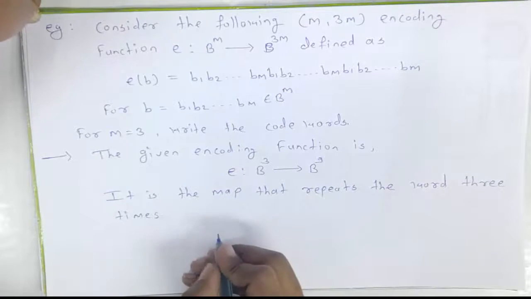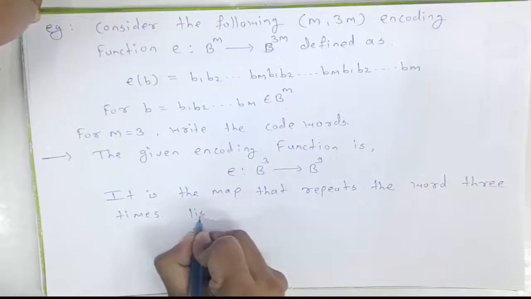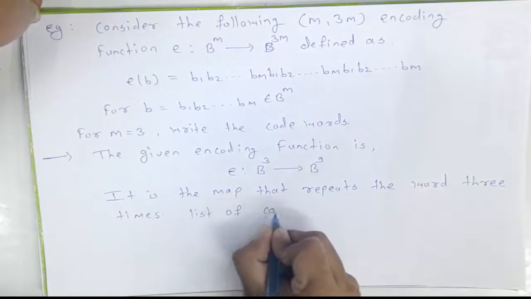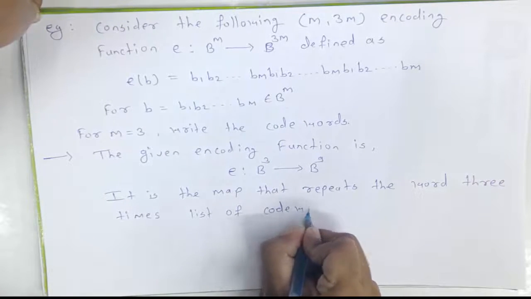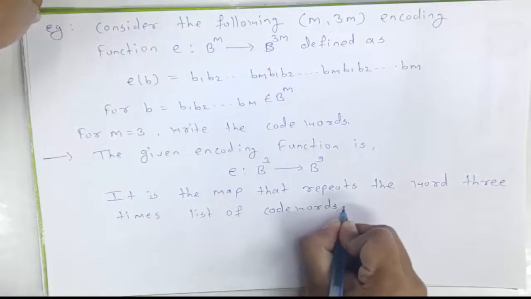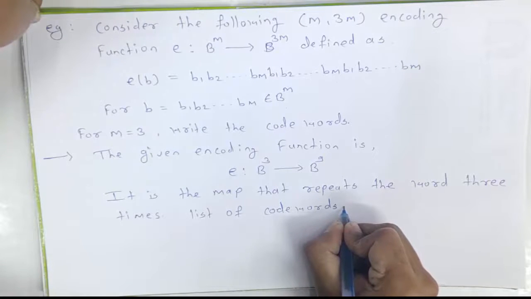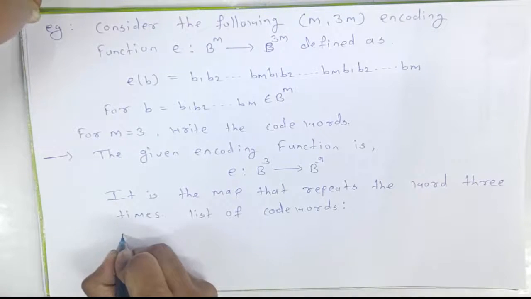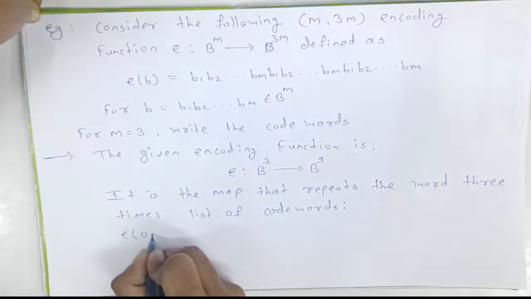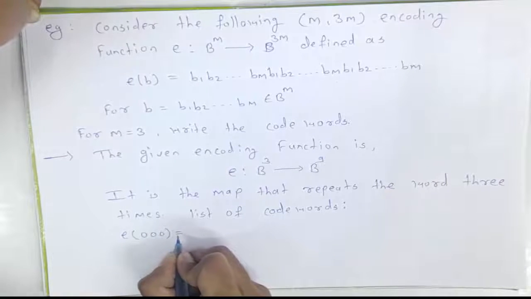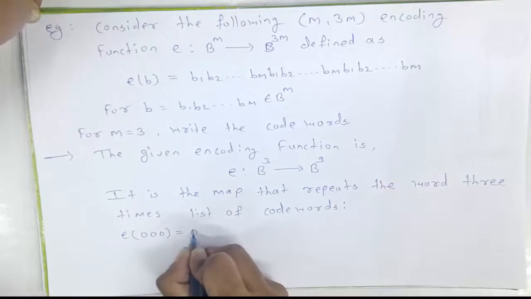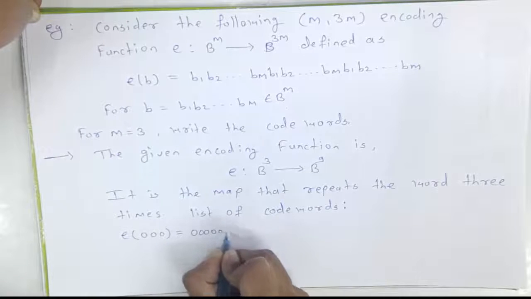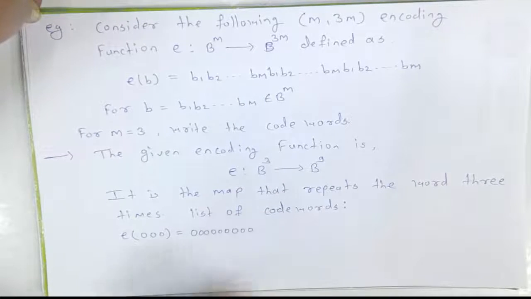Okay, so now the list of code words. So first, E of 0 0 0. It repeats 3 times. So 1 time, 2 times and 3 times.